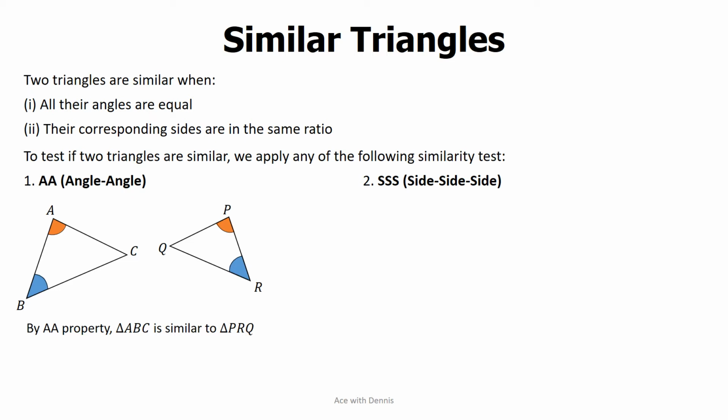The second way is SSS, or side. Let's look at this triangle ABC, and the second triangle PQR.